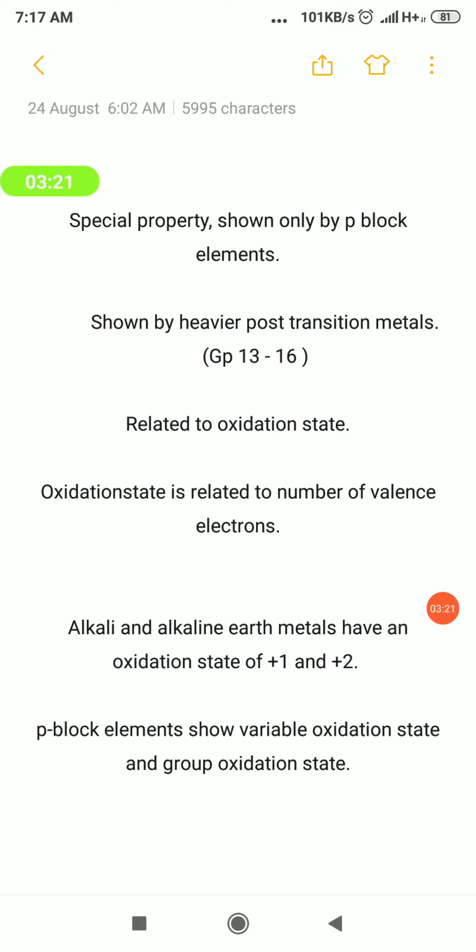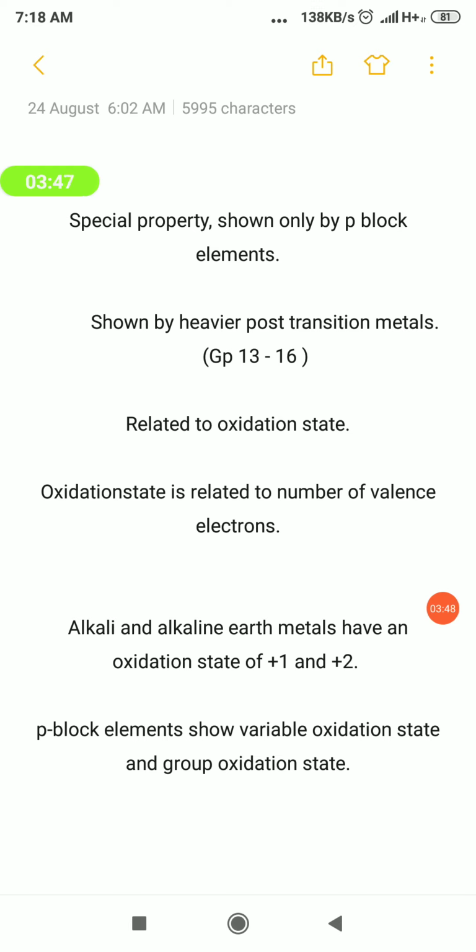We know oxidation state is equal to the number of electrons lost by a particular atom. And this oxidation state is directly related to the valence electrons. Valence electrons means the number of electrons present in the outermost shell. To remember, the oxidation states of alkali and alkaline earth metals were studied in 11th standard.